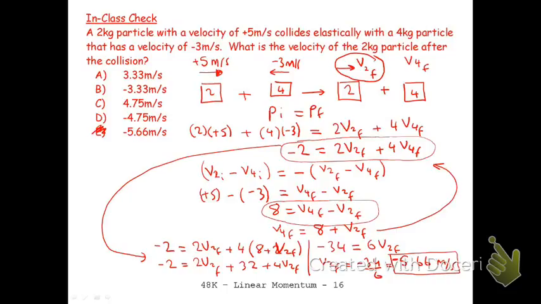It's much easier doing it that way than doing a half mv1 initial squared plus a half mv2 initial squared and so on. You can try it sometime, and you'll be going through paper like crazy. So this little expression, the difference in the velocities before is equal to the minus of the difference in the velocities afterwards, is a real help.